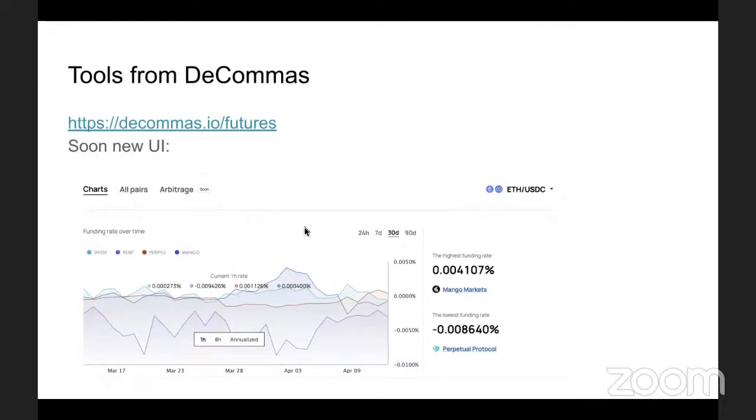You'll be able to see charts solely for Perpetual, for example, or compare that with other decentralized exchanges, and see for yourself whether there is a fit for your strategy on a certain pair.